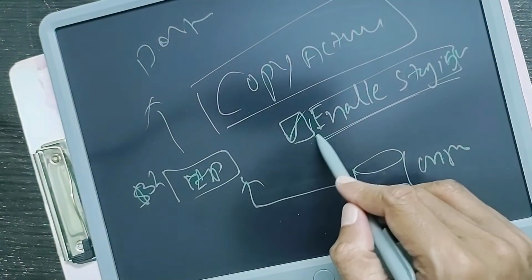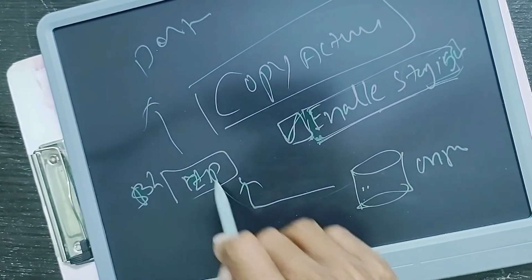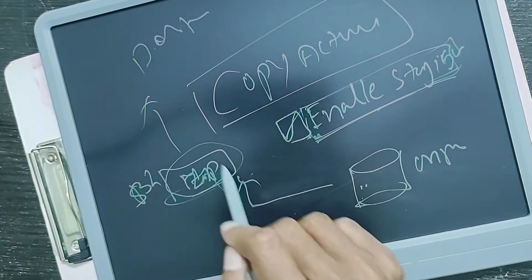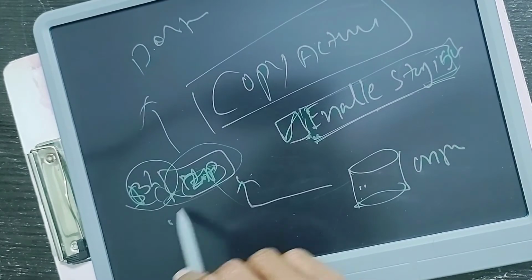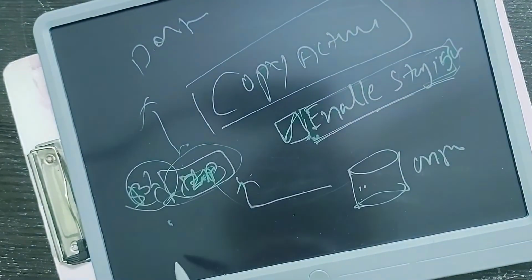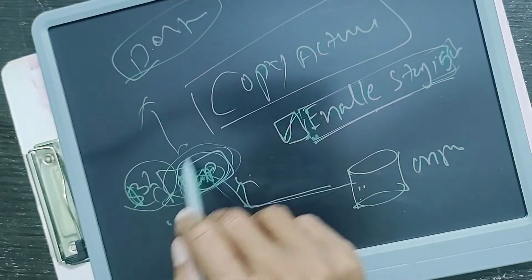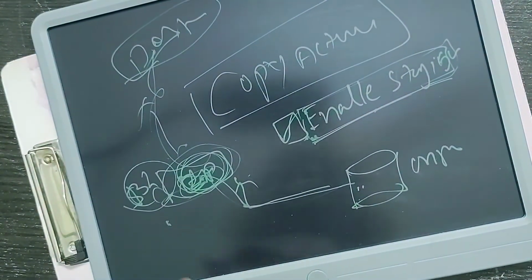So enable staging will improve the performance of copy activity by using zip in blob storage. So before copying directly into destination, it will get the data and create a zip folder, and then unzip and do the process.